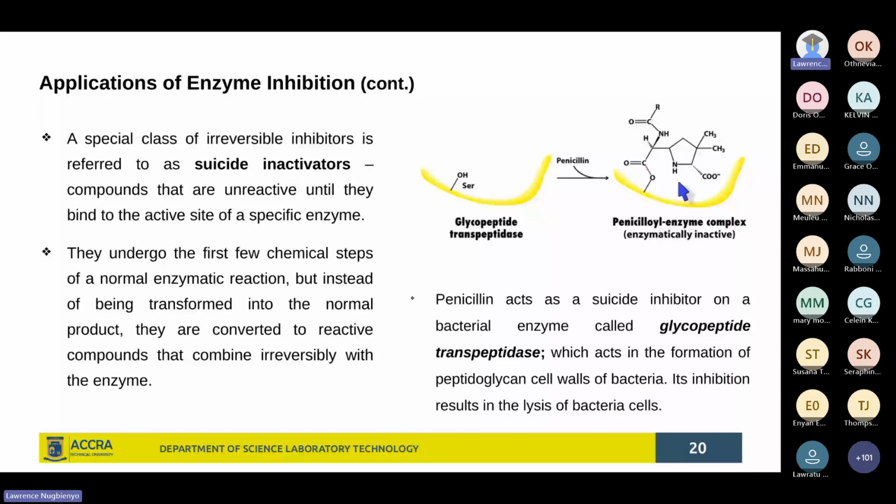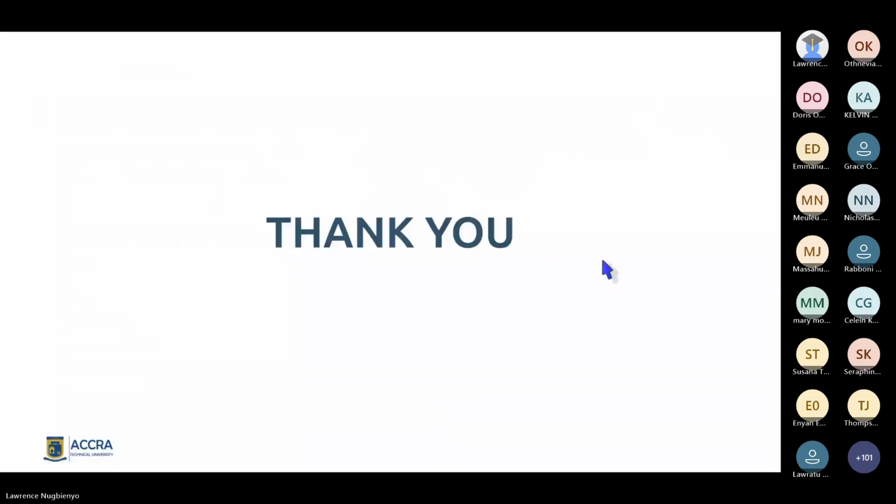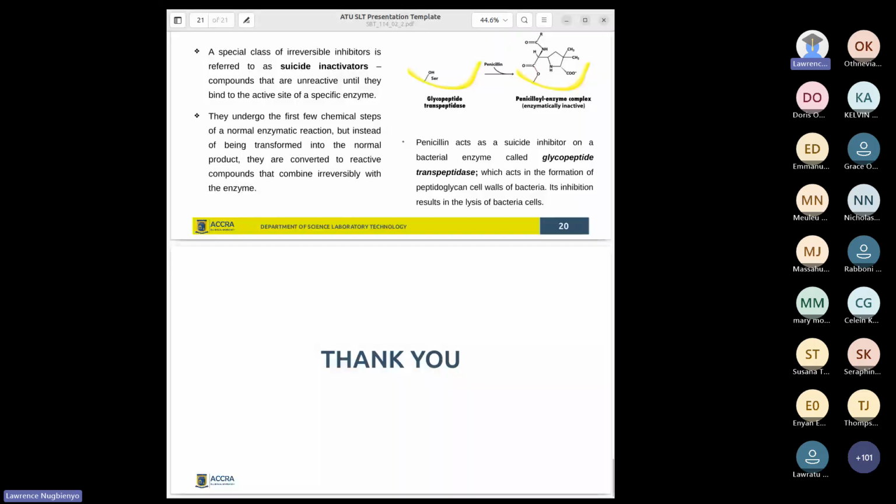We refer to these irreversible inhibitors as suicide inactivators, because eventually this is going to result in the death of the bacteria, after the lysis or breakdown of the bacterial walls. All right, so this is where we end with enzymes.